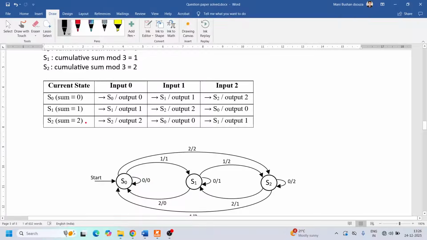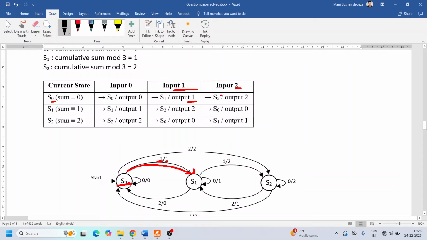Let us look at the next transition. You are in S0. You give 1 as the input, you will go to S1. From S0, you will go to S1. Now you are in the S0 state and you give 2 as an input.